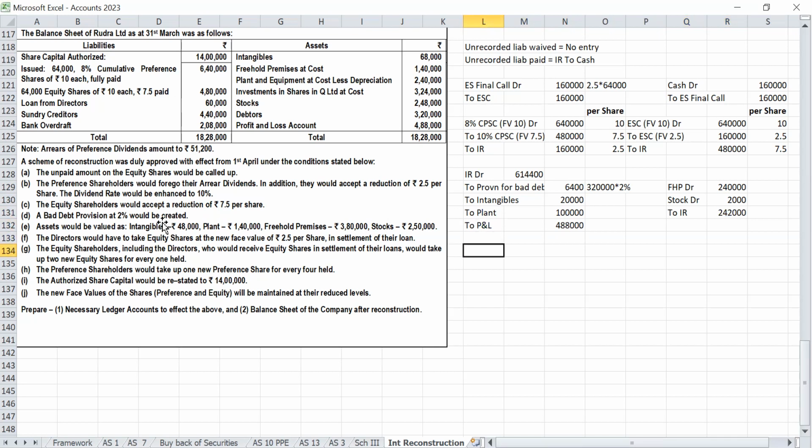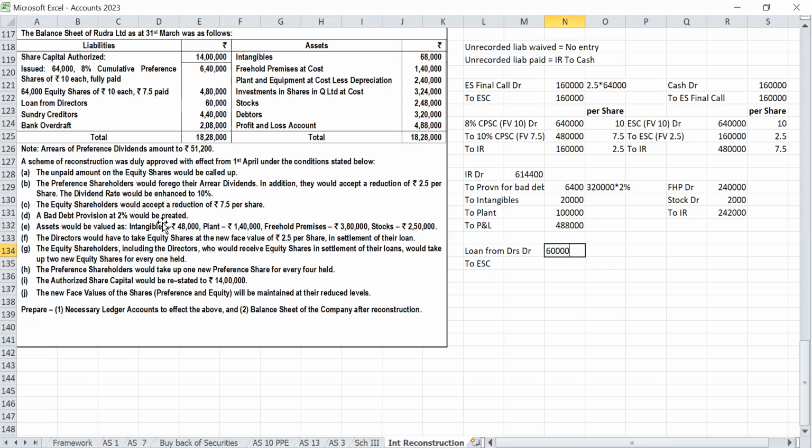The directors would have to take equity shares at the new face value of 2.5 per share in settlement of their loan. So the loan from directors is a liability that I have to settle. Normally it is settled by cash, 60,000, loan to cash. But I am not paying cash. Instead I am issuing equity shares.